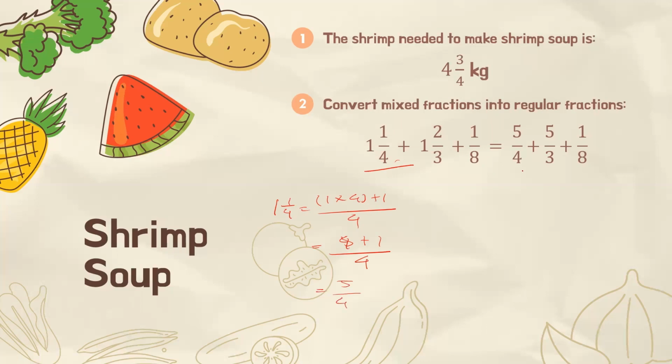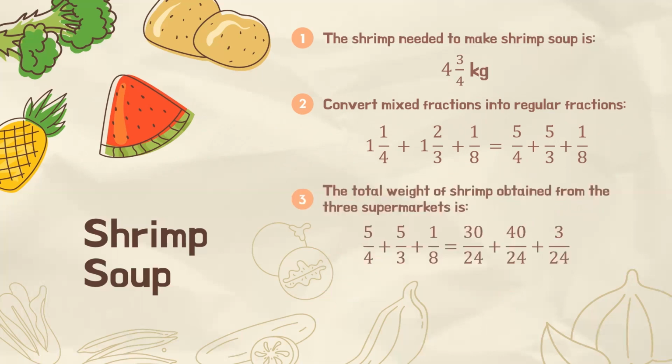We have this form. And 1 2/3 equals 1 times 3 plus 2, over 3, equals 3 plus 2 over 3, and then we have the 5/3 form. And 1/8 is already a regular fraction. Then, we will use the regular fraction form for the next step.